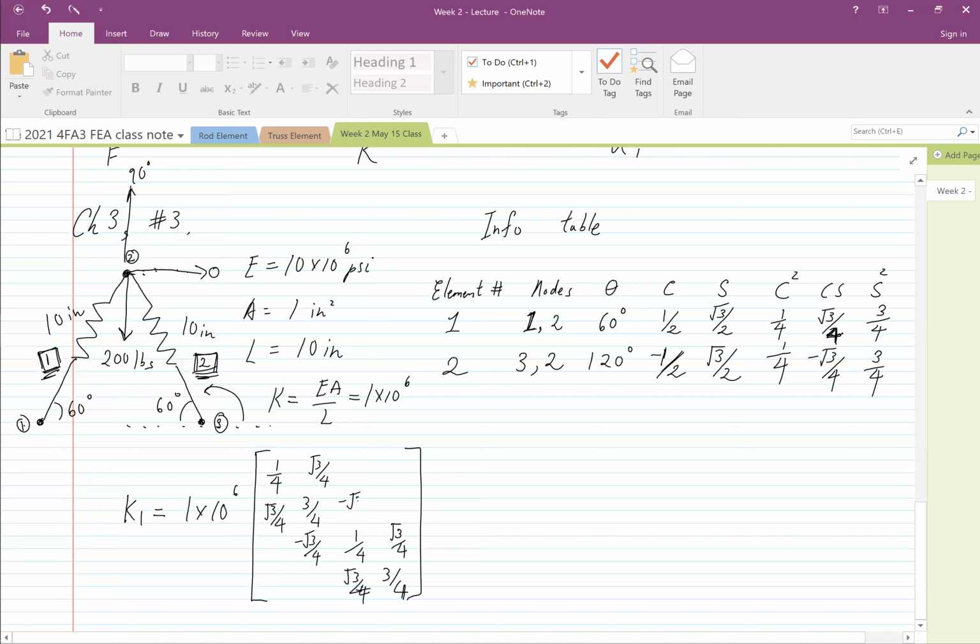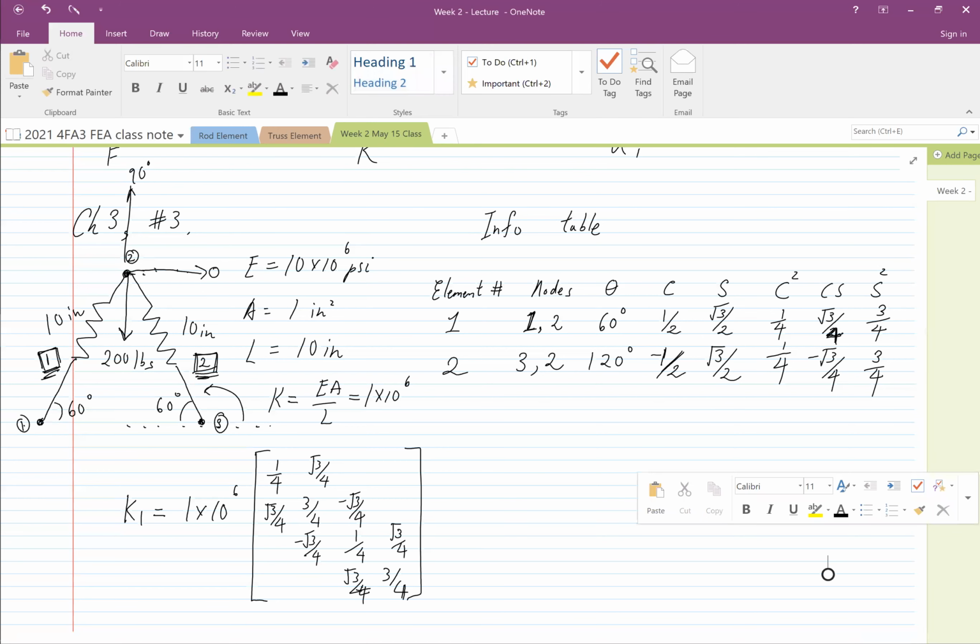I'm just using the formula provided in the note, plugged in all the variables. What did I miss? Oh, right here. That term is -c squared.